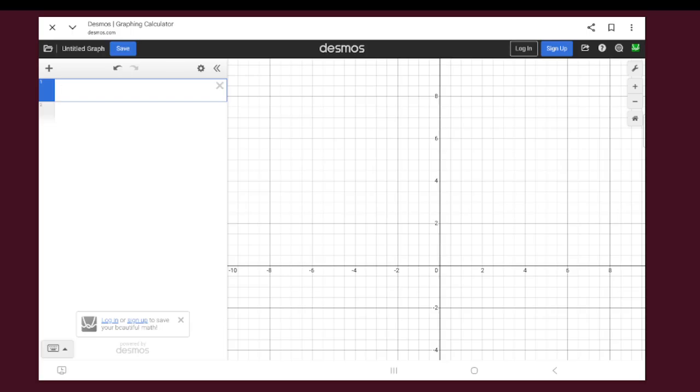And I strongly encourage you to open up Desmos on your own and pause this video as you need to. But the idea is, if I were in front of a classroom, I would ask my students, give me an example of a function, and maybe they'll give me a linear or quadratic function.